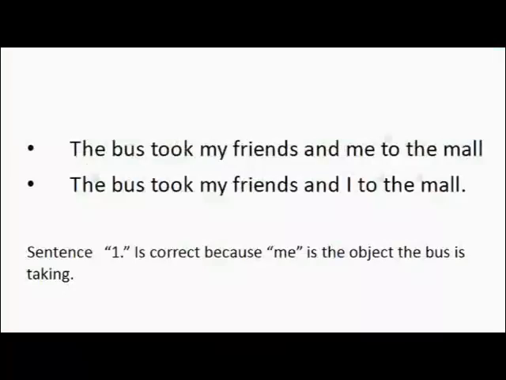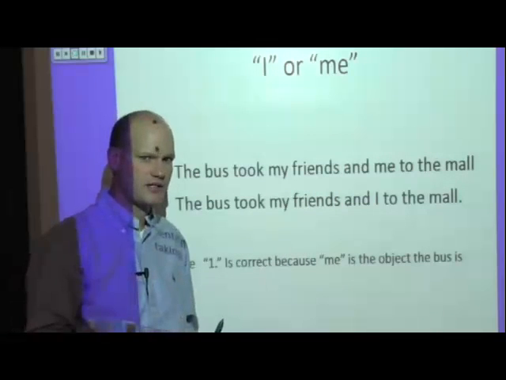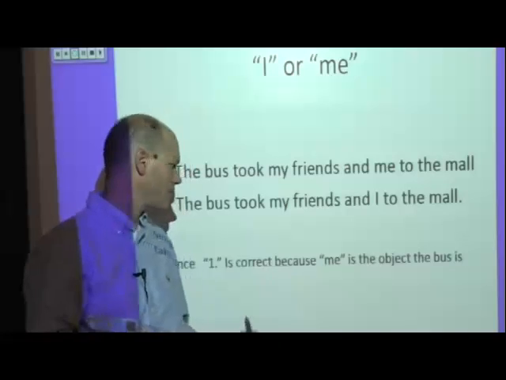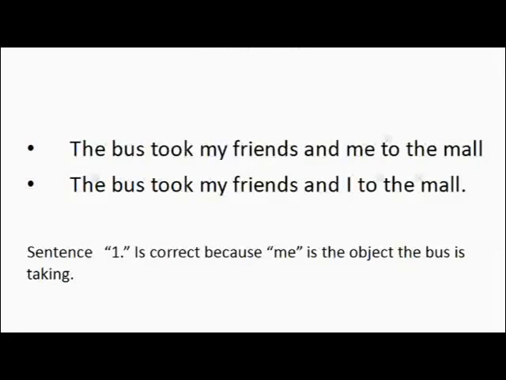Let's move on. The bus took my friends and me to the mall. Or the bus took my friends and I to the mall. So on this one, we've got to ask, is it objective or are we the subject? Okay, in this one, the bus took my friends and me to the mall. That one is correct because me is the object of what the bus is taking. The bus is taking me.